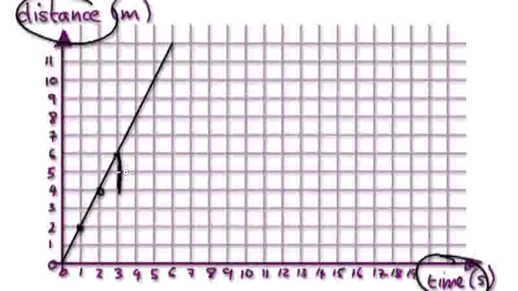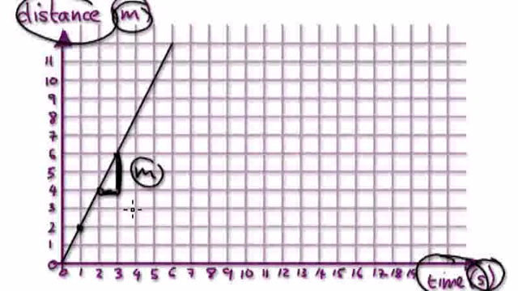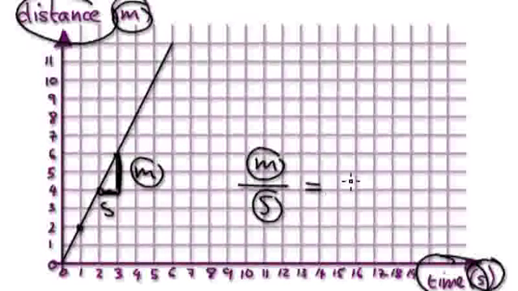Because look at this, the unit of the up and down here is meters. The unit of the across here is seconds. So m divided by seconds is meters per second, which is speed.